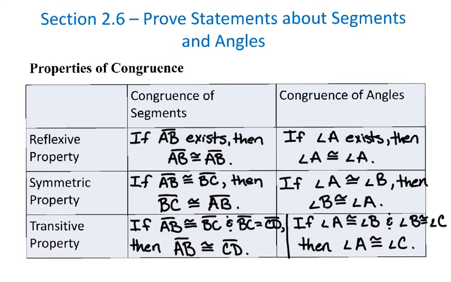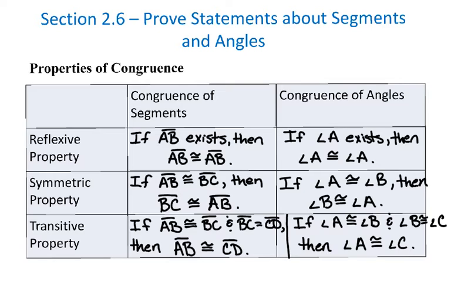Okay, and we have to write it just like this. Segment AB, put the bar over the letters, or else that's just stating a length, and that's a variable, remember from the last section. And then we're not going to say segment AB is equal to segment AB. We're going to have this symbol, congruent, okay? Just like with all the others, we're going to be using congruence throughout, because these are properties of congruence.